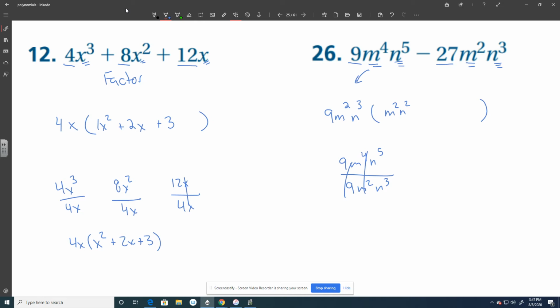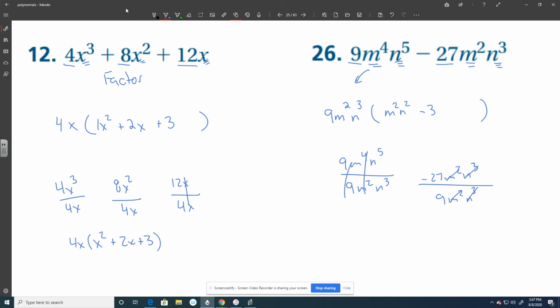Okay. Now I got to pull negative 27m squared n cubed. I got to divide that by 9m squared n cubed. So negative 27 divided by 9, that's negative 3. M squared divided by m squared, those go away. N cubed divided by n cubed, that goes away.